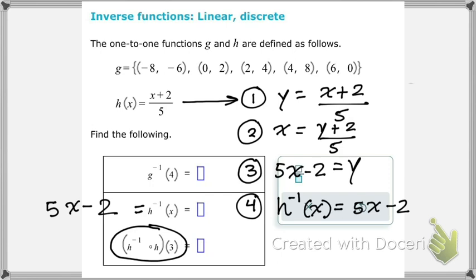If you understand function composition, you should be able to rewrite this as h negative 1 of h of 3, and then you would ignore the h negative 1, and you could find h of 3. And then once you find that result, you could do h negative 1 of that result. So this is function composition, and you should have seen this before if you're up to this point in a pre-calculus class.